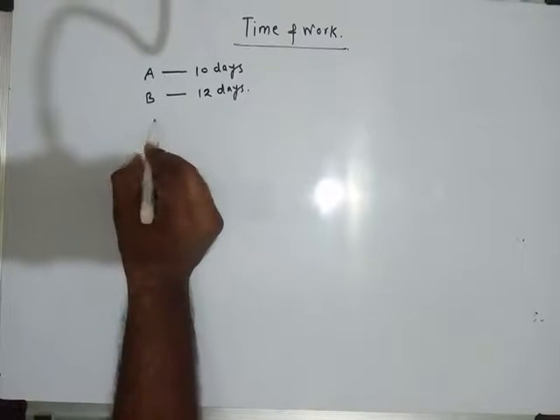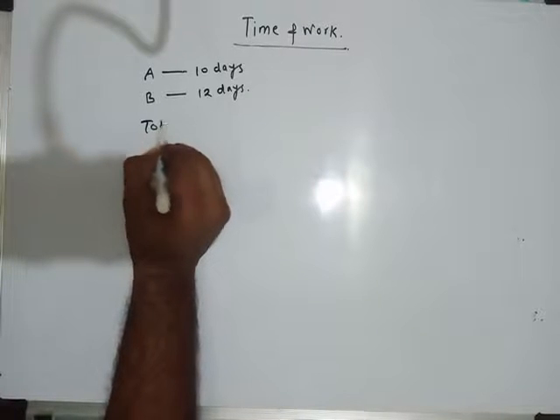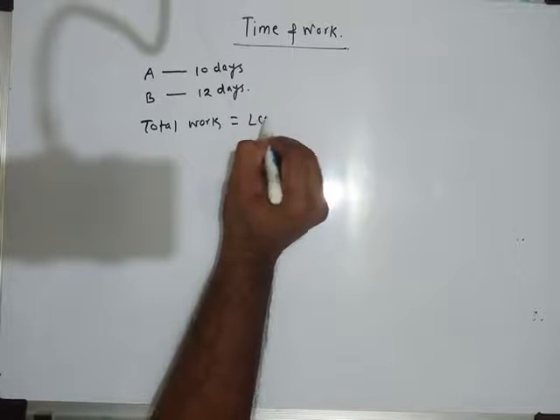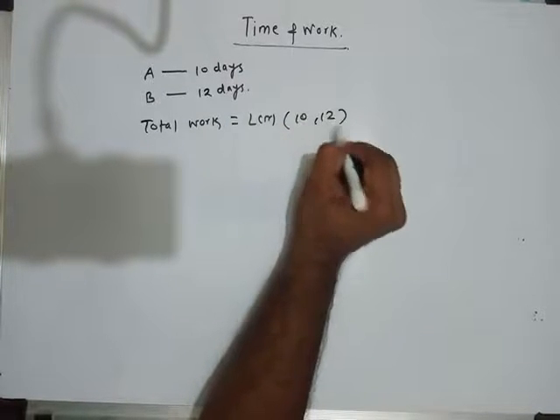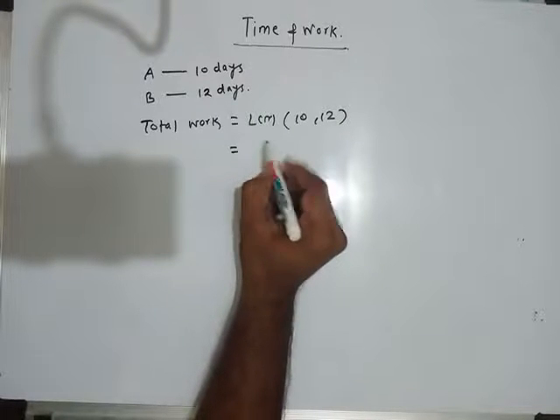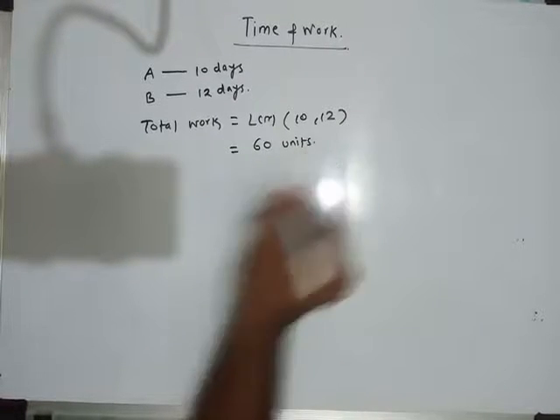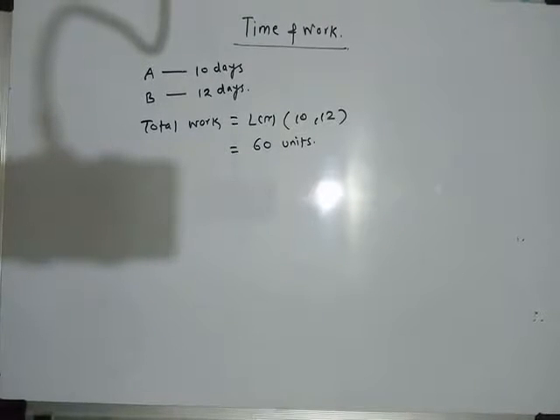So again the approach is the same. Assume the total work to be done as the LCM of 10 and 12, which is equal to 60 units. So they are supposed to complete 60 units of work working together.